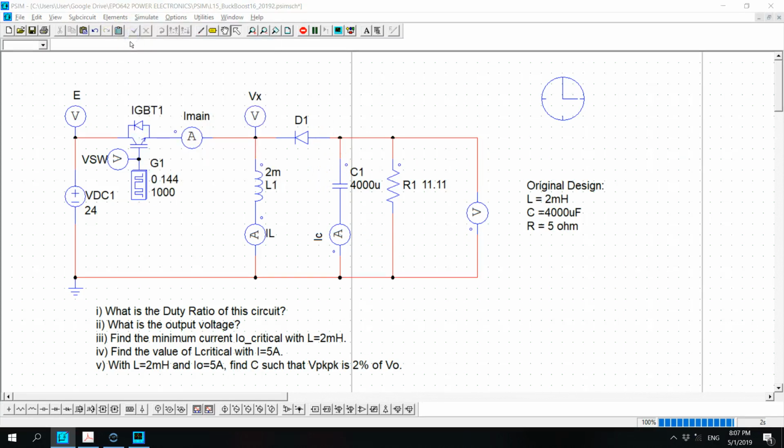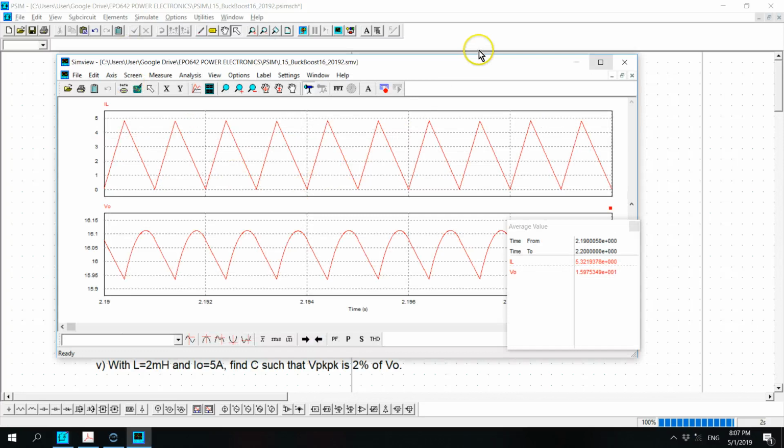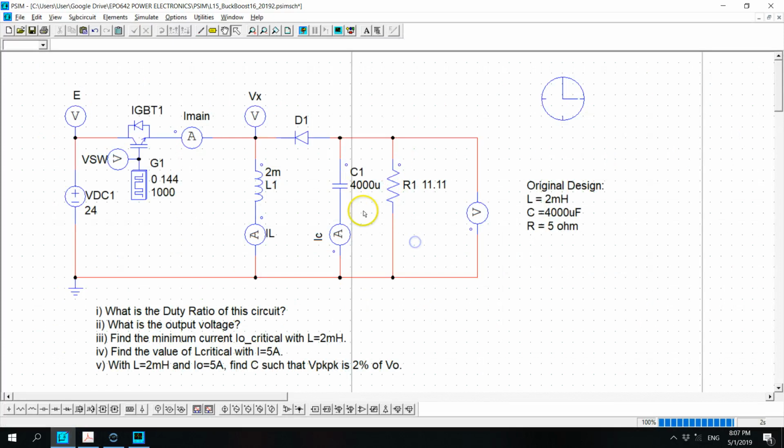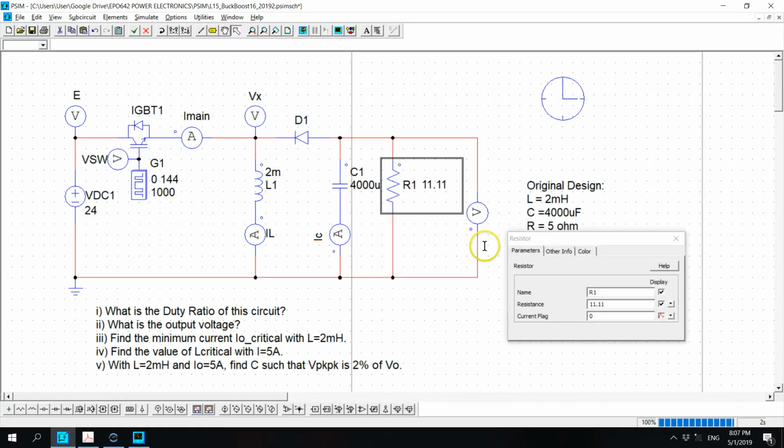Want to run the simulation again? Look at the inductor current. Yes, if you look closely, the inductor current falls to 0 and then it rises again. And so this is the boundary between continuous and discontinuous. Hence, if I make the output current lower than that, the value of R is going to be increased, for example, to 15 ohm.